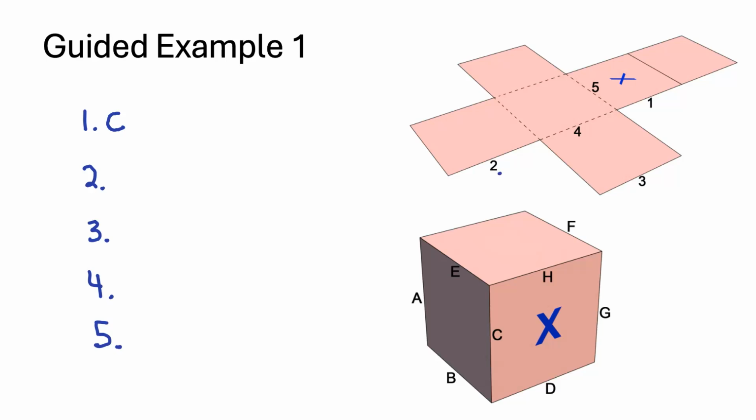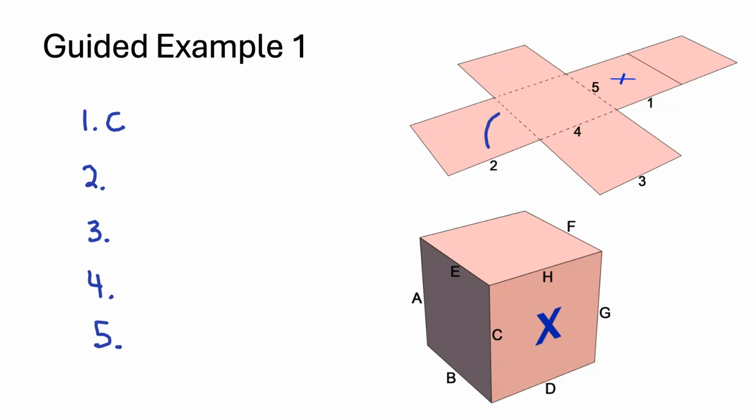Now what about number 2? Number 2 is essentially opposite number 1. Now this is where it can get a little bit trickier, because we don't have as much help from the orientation with the letter X. But we know again, number 2 is opposite number 1. So when we fold this portion up, again, we're using the dotted lines to determine where we are folding.